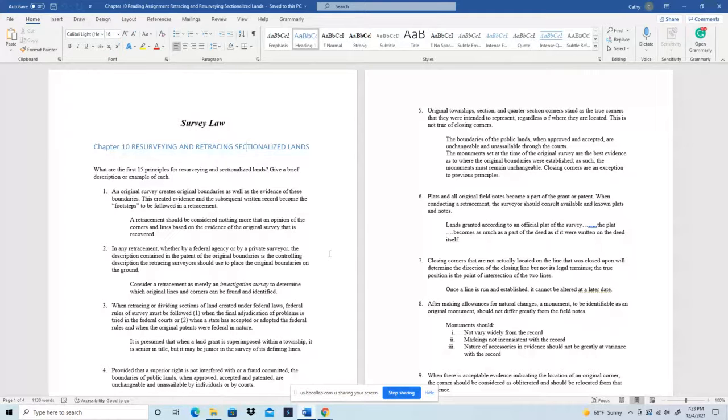So then we'd want to make the most precise notes, describe it completely as well. If you make a mistake and you call it an iron pipe, and really it was an iron stake, when they go out there to look for it, that's what they're going to be looking for. They're going to think, what's going on? So that's principle 1.